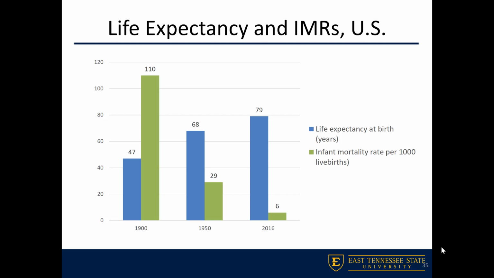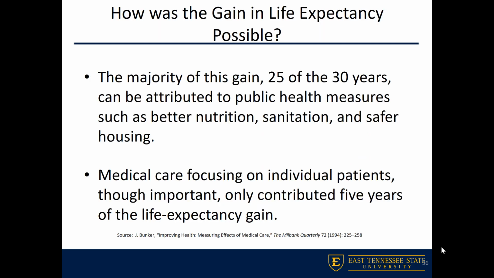So we have about 30 plus years of increased life expectancy. And what's amazing about that is 25 of those years can be attributed to public health, compared to 5 for medical. And so when we think about the necessity of medical care and insurance and access, that's so key.